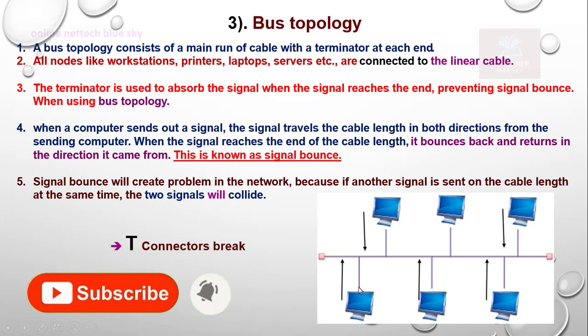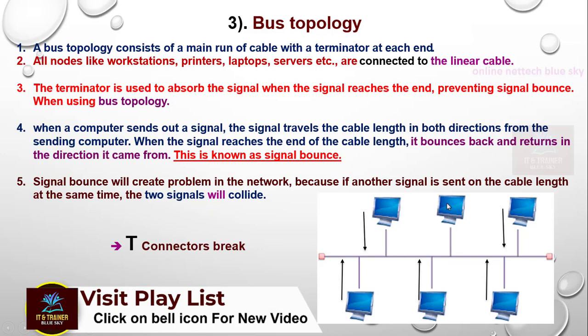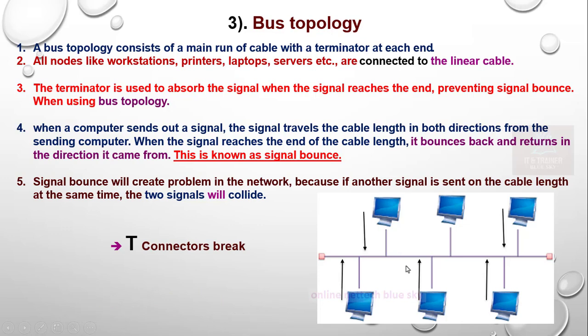The data goes out in two directions, the signal travels first here, second here, and third meets here, fourth and fifth. If the first computer sends and at the same time this computer sends a file or any signal, they meet and collide between these sides. So this is the main problem of bus topology.